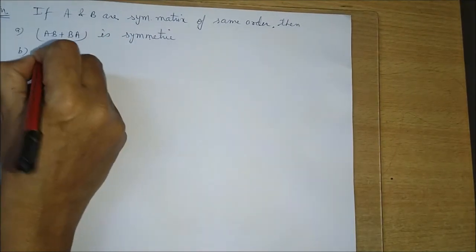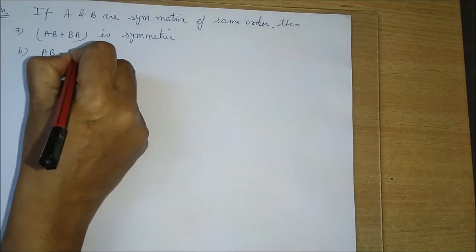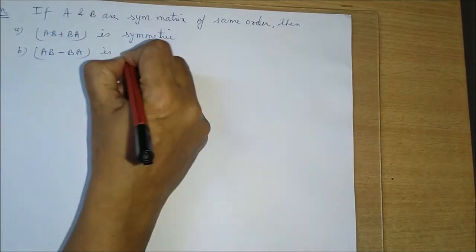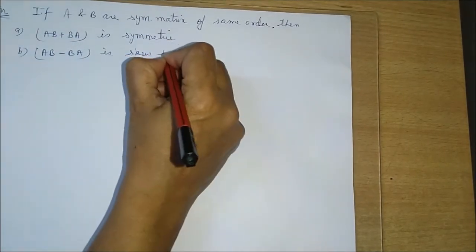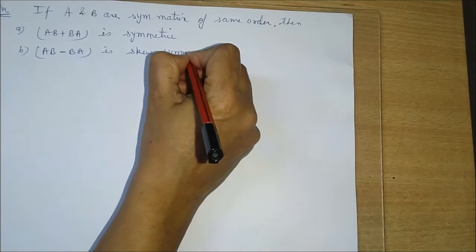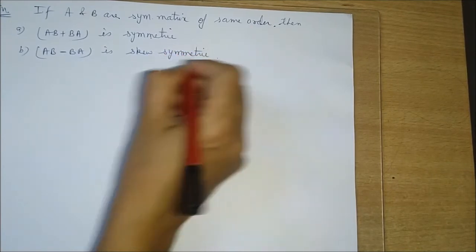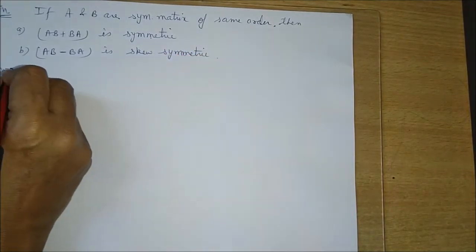B part, AB minus BA is skew symmetric. Proof.